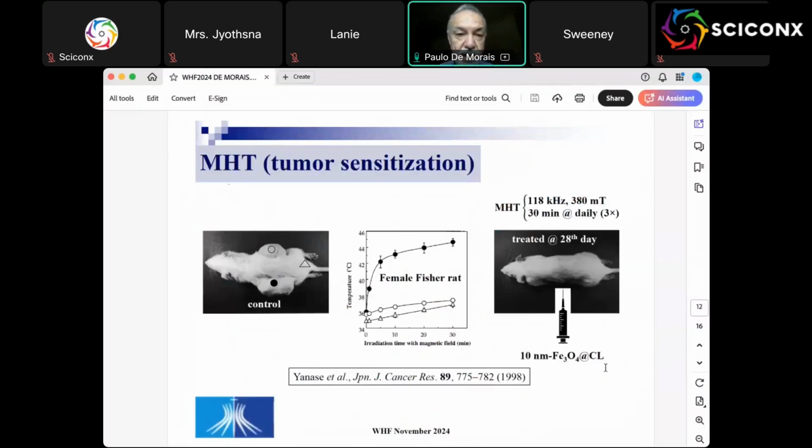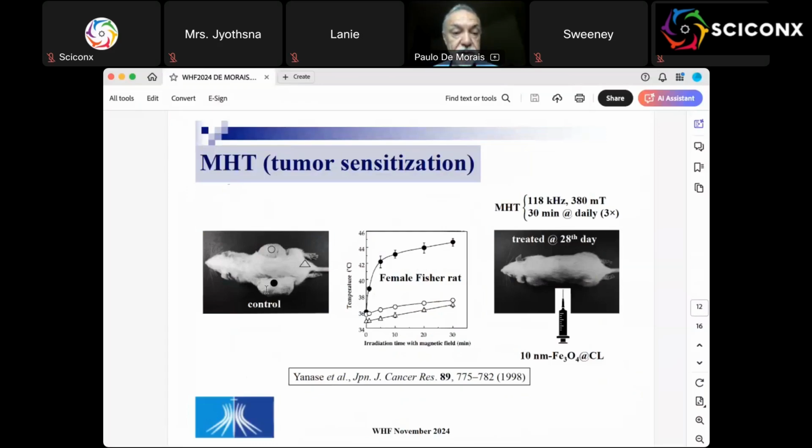Okay, so let me show you a very interesting result from magnetic hyperthermia. It is in the range of a thermal sensitization, actually. This experiment was reported by a Japanese group. It's a very important data. So here is a rat, a mouse, sorry, and you can see that tumors were implanted on both sides of the body, and they recorded the temperature in the tumor.